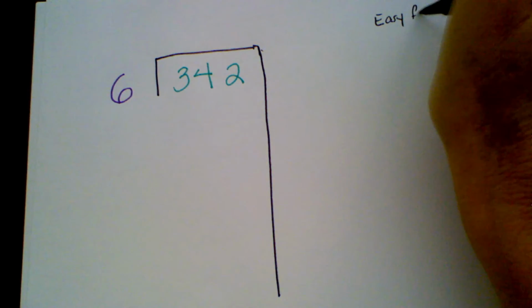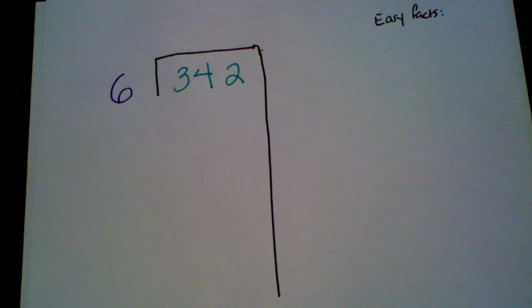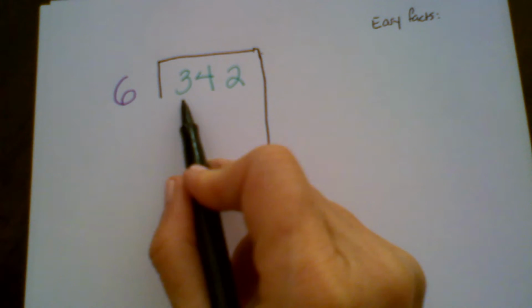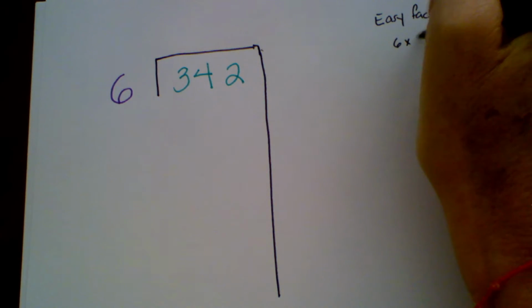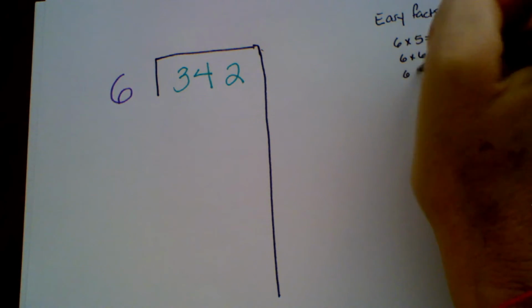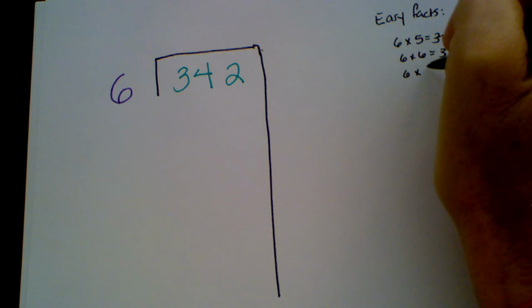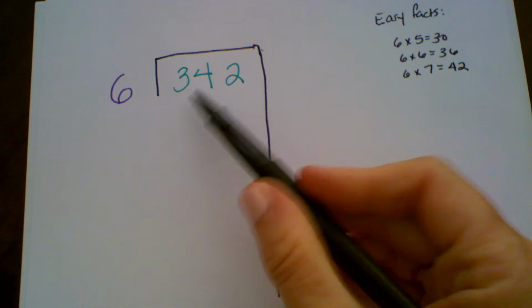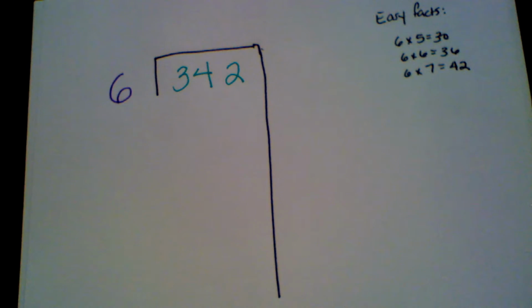You can keep them in your head, or you can write them down off to the side. I know 6 times 1 is 6, so let's go a little higher. 6 times 5 gives me 30. 6 times 6 gives me 36. 6 times 7 gives me 42, because I'm looking to get close to that 34, right?